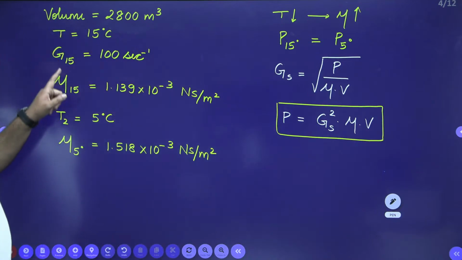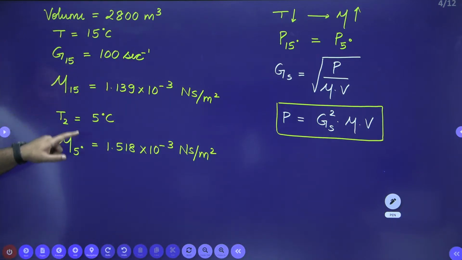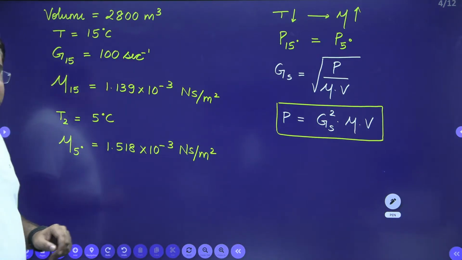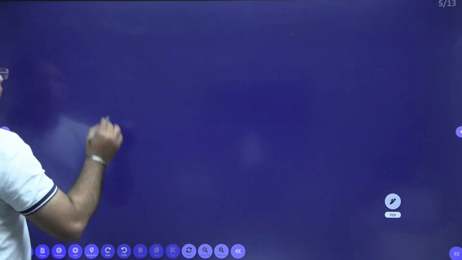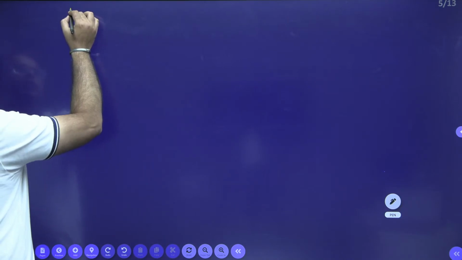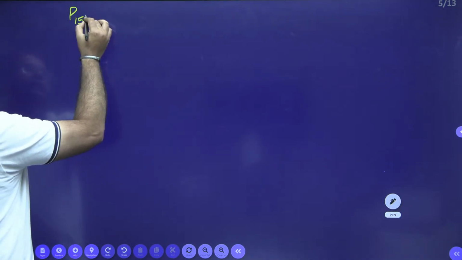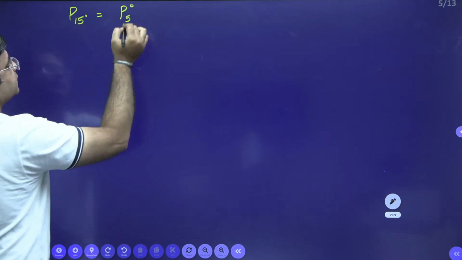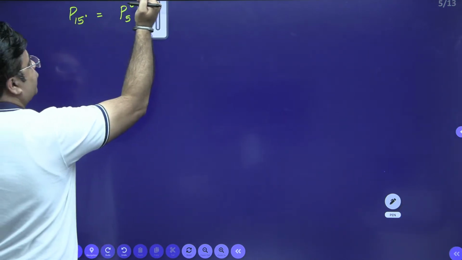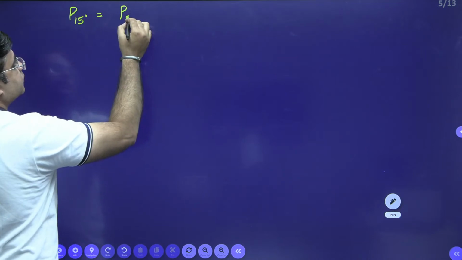So G at 15 degrees Celsius we know. If we know G at 5 degrees Celsius, we can calculate the decrease in intensity of mixing. So we will start with this. Power supplied at 15 degrees Celsius is equal to power supplied at 5 degrees Celsius.